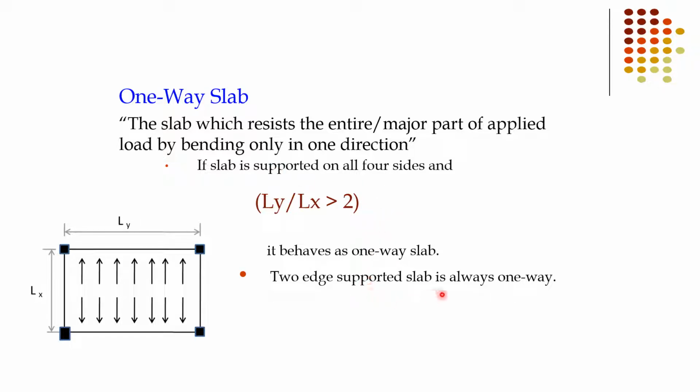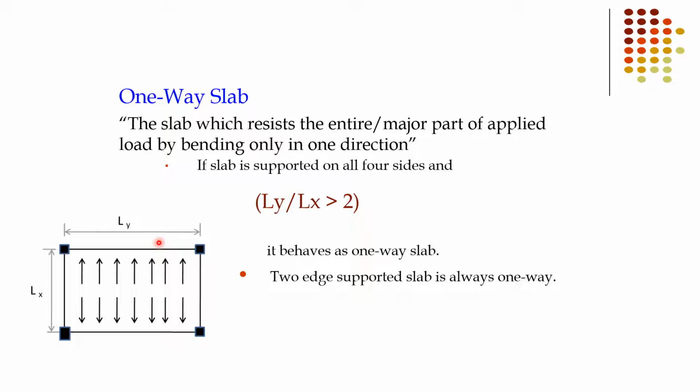A two-edge supported slab is always a one-way slab. For example, if there is only one support on this side and only one support on this side, and no support on this side and this side, then definitely the load will come in only one direction. Similarly, in any case, if only two supports are present in a slab, then definitely the load will go only onto those supports.